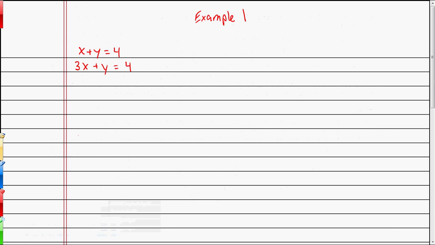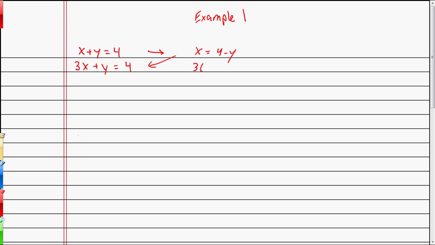Okay. So probably the most common way to do this would be to solve one of the equations for one variable, stick it into the other equation, and then that would only have one variable in it. And what I mean by that is, suppose I took this first equation, and I said I'm going to solve this for x. x equals 4 minus y. And then I would substitute that into the second equation.